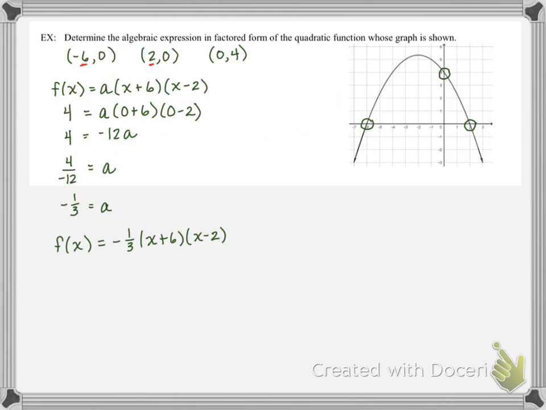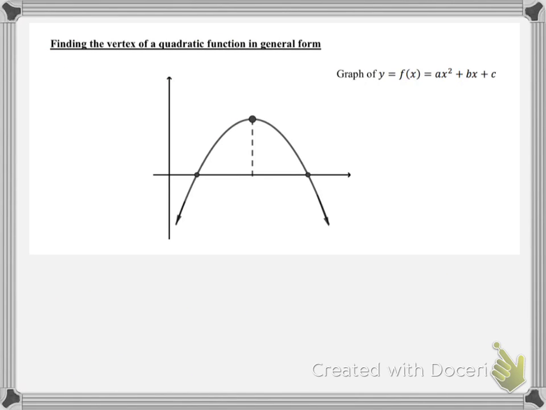So let's think instead about the relationship between the x-intercepts and the vertex. So we know that the x-coordinates of the x-intercepts are given by x equals -b plus the square root of b squared minus 4ac over 2a, and x equals -b minus the square root of b squared minus 4ac over 2a.